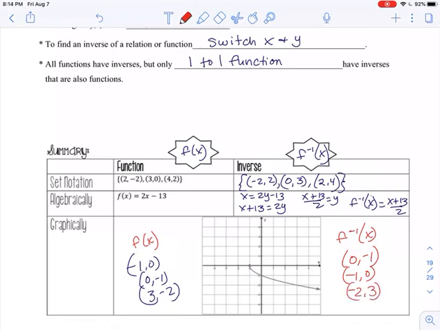This one's hard to see because some of the points are similar and sort of on top of each other. So it just goes this way. All right, and that was inverses.